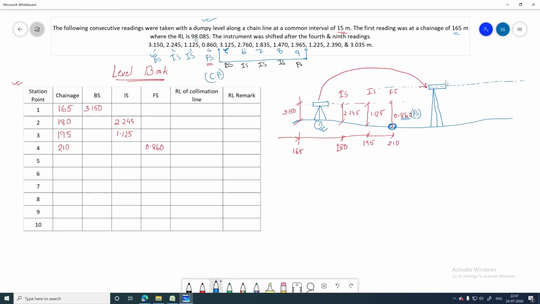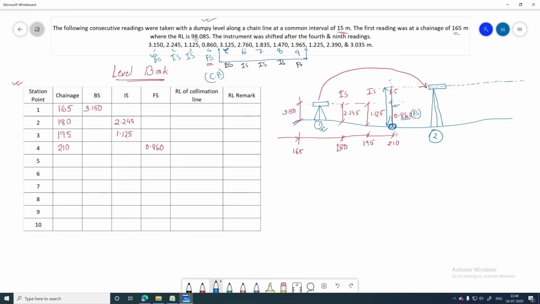Now what is the value of the BS? BS means the measurement taken from instrument station 2. Consider this is instrument station 2, and when you take the backside reading you consider this leveling staff. What will be the value of the backside reading then? The total height will be the backside reading, which is taken at the same chainage, that is 210.